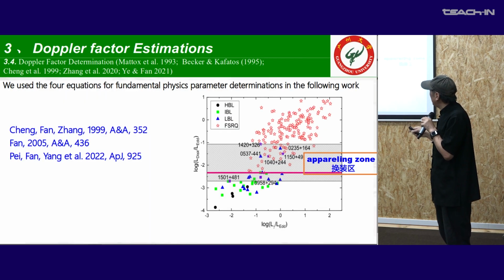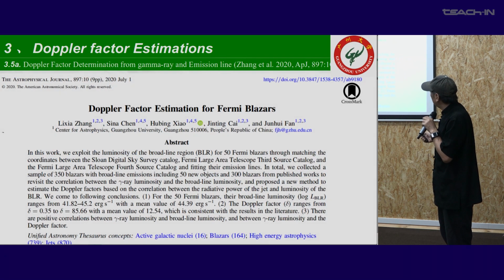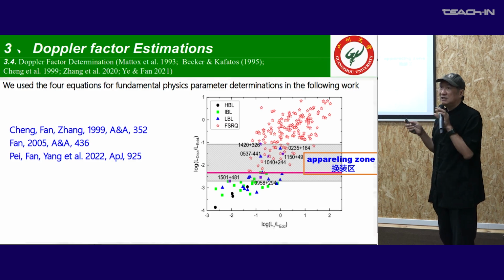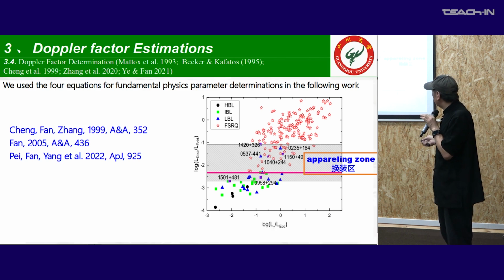We use this formula to assemble a sample of Fermi blazars. For blazars, we found that for the sources with emission lines, we get the gamma ray luminosity and the disk luminosity in this way.